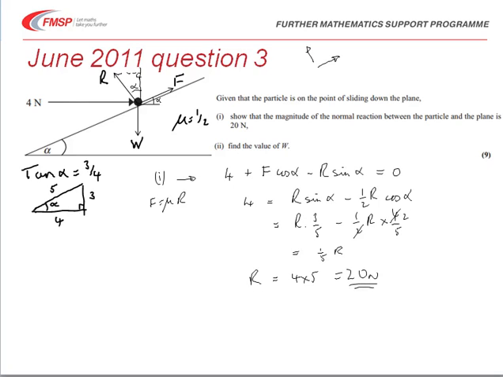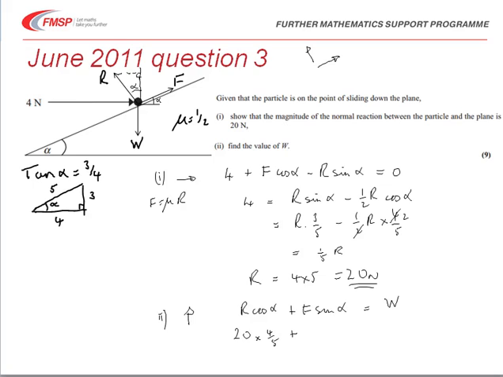So in that way, we've avoided having an equation with W in it. In the second part of the question we can now resolve vertically, and we can see in the vertical direction we have R cosine alpha plus F sine alpha, and that will be equal to W. R is 20, cosine alpha is 4/5.